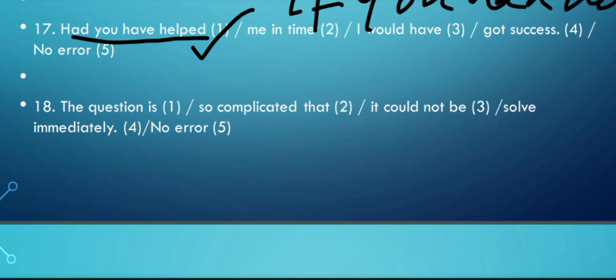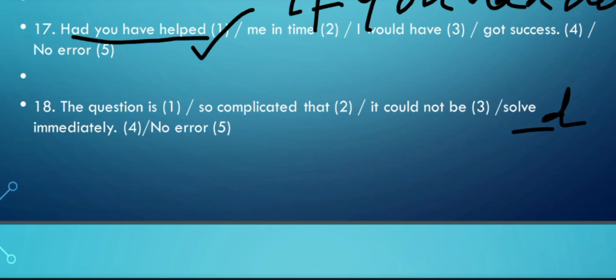The question is so complicated that it could not be solved immediately. First of all, there is a printing mistake.